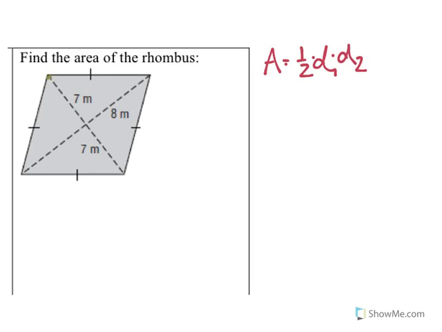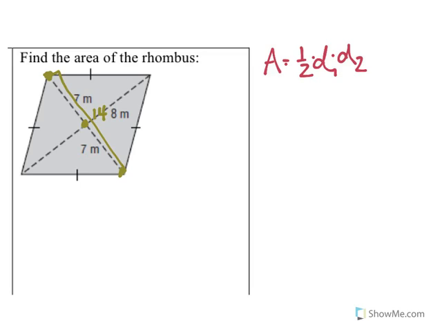So the diagonal from here to here, I know that 7 goes from the corner to the middle, and 7 again goes from the middle to the other corner. So that means that whole distance is 14.